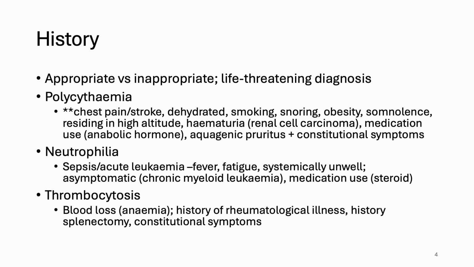For polycythemia, ask about chest pain and stroke, which could hint at the thrombosis caused by the increased red blood cell, and look for features of dehydration such as decreased oral intake and increased losses from the gastrointestinal or the genitourinary tract. As for secondary causes of polycythemia, ask for smoking history.